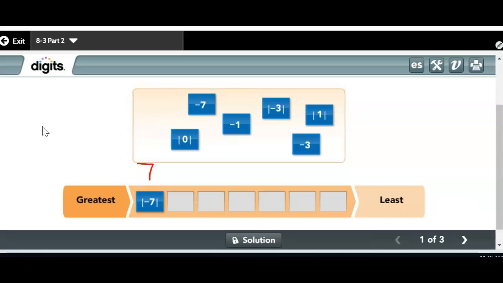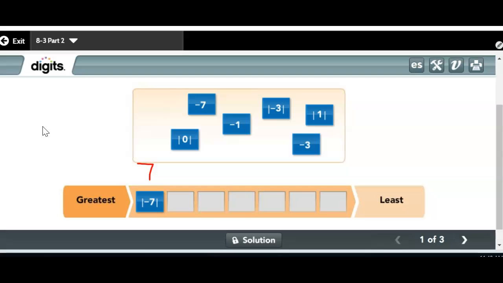So on your paper, you're writing these in order from greatest to least. You need to write the original numbers though. So you have to write the absolute value of -7. Maybe above it, like I'm doing, you can write the answer. Okay, what's the next largest number? Will? 0?